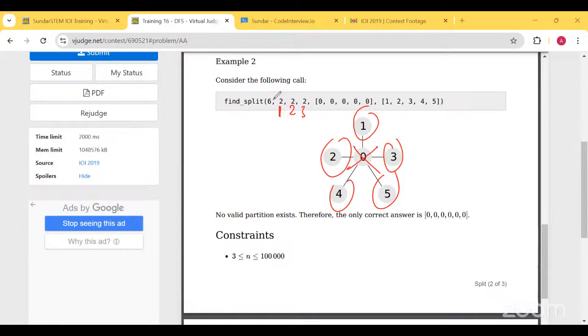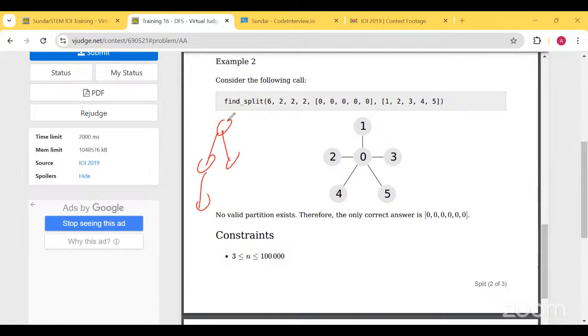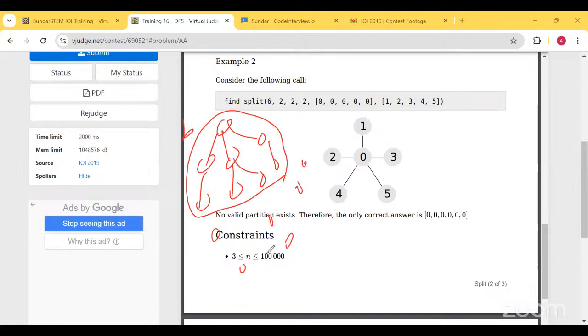Okay, here. Check for all nodes. But if we check for all nodes, maybe it is n square. Okay, so just do BFS until we get the first P nodes. So this is connected. For C, it is not connected, no problem.